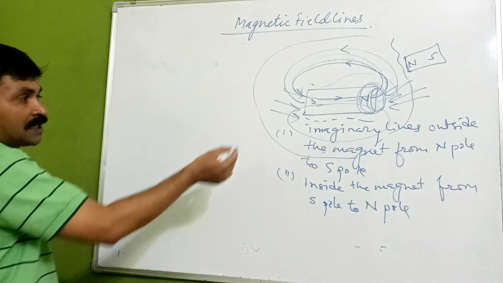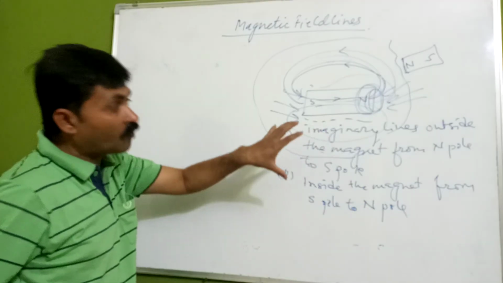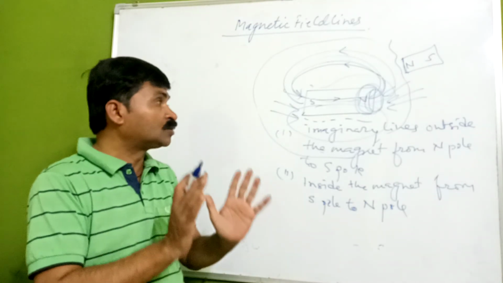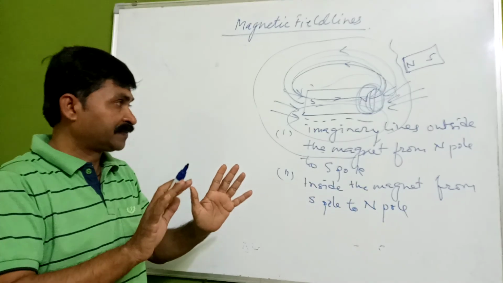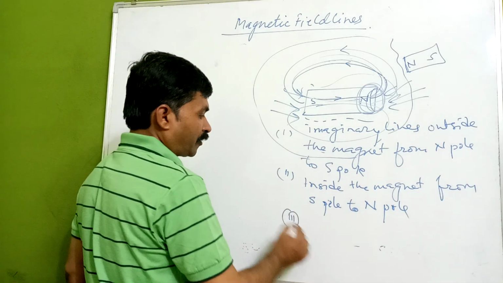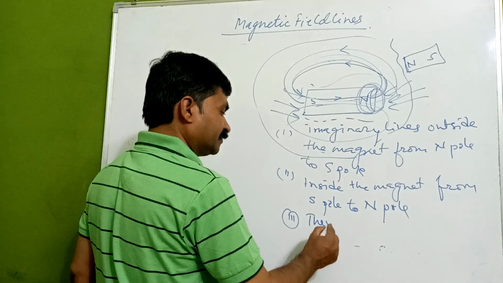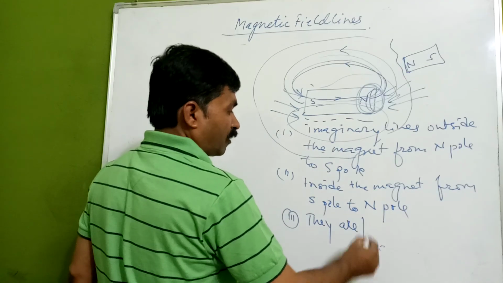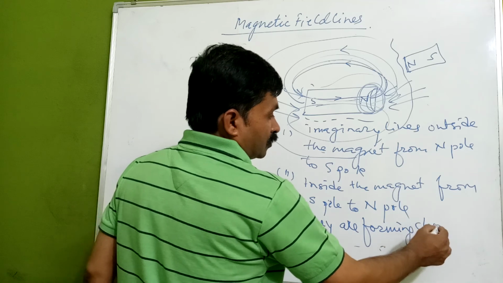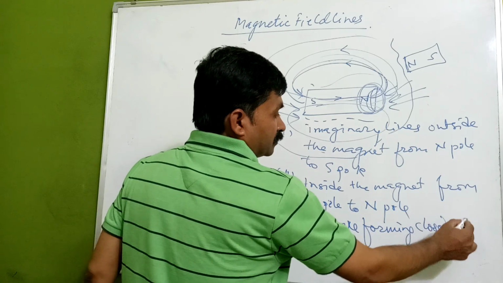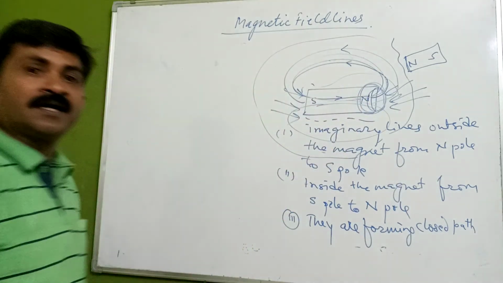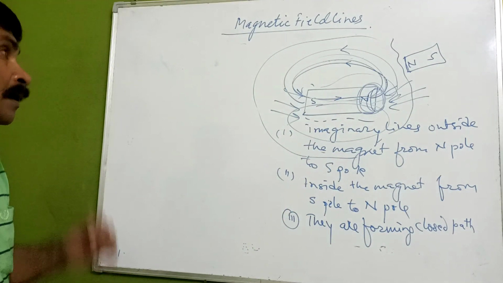Now the first point that we have got is what the magnetic field lines are. Okay. Now if we go through the magnetic field lines, they are forming a closed path. Third point, they are forming a completely closed path.